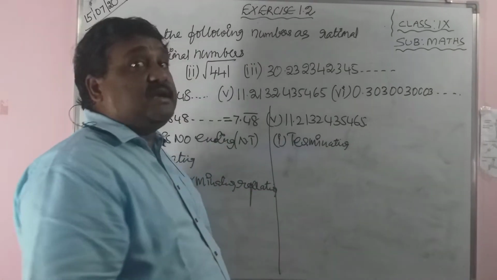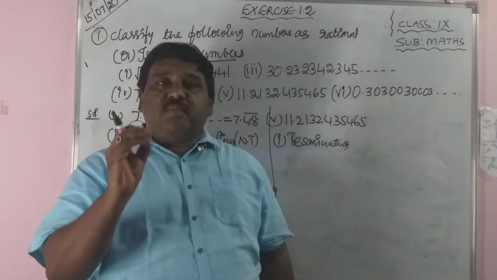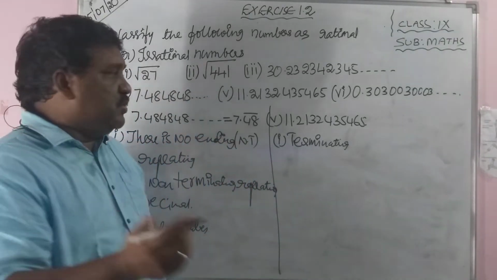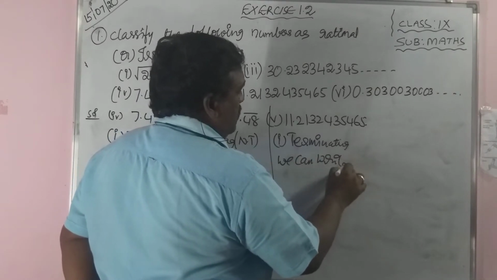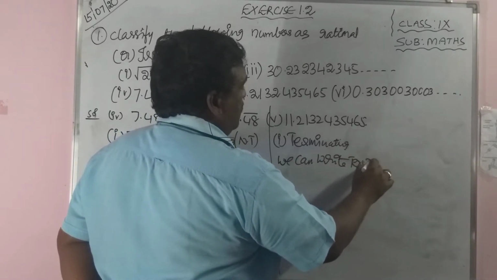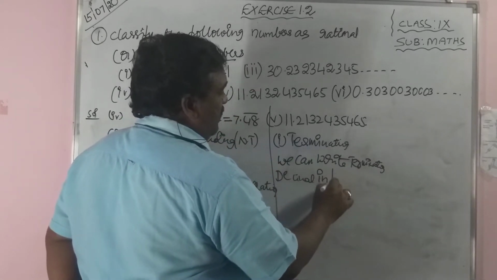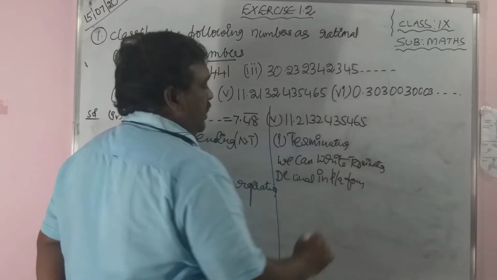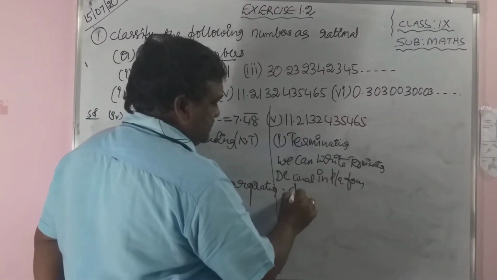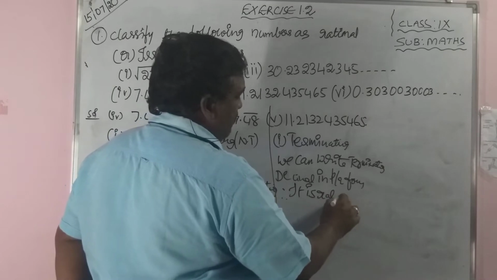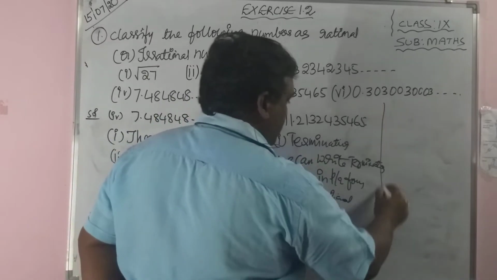We can write a terminating decimal in P by Q form. Therefore, it is a rational number.